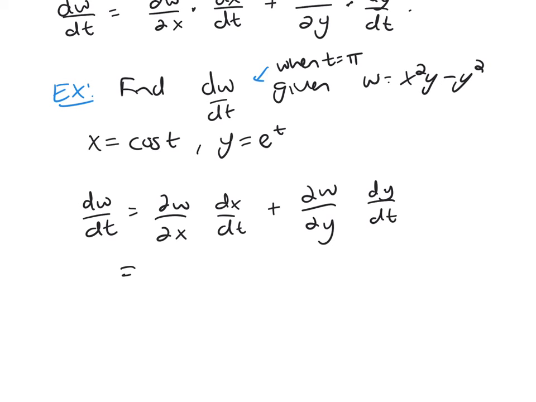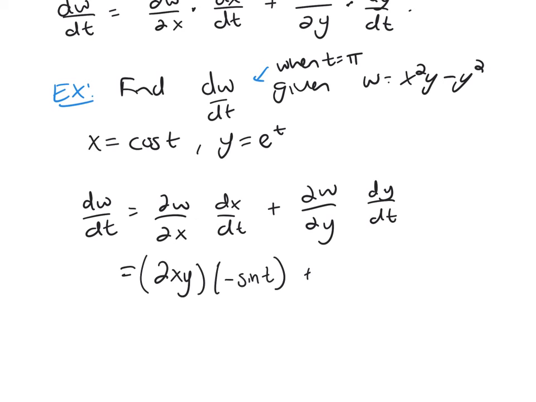So we're going to take the derivative with respect to x, so you'll get 2xy, and then times the derivative of x with respect to t, minus sine t.